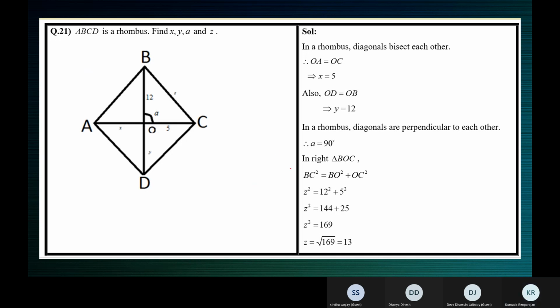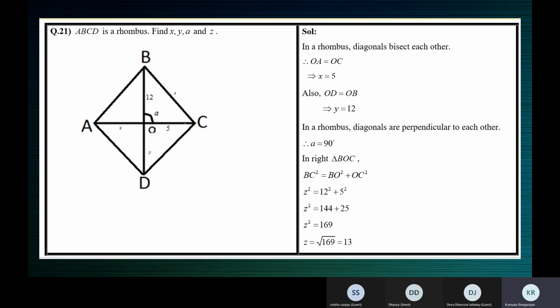Clear? In right triangle BOC, the angle at O is 90 degrees, so opposite the right angle is the hypotenuse, BC. The square on the hypotenuse, BC square, is equal to the sum of the squares of the other two sides, BO and OC.